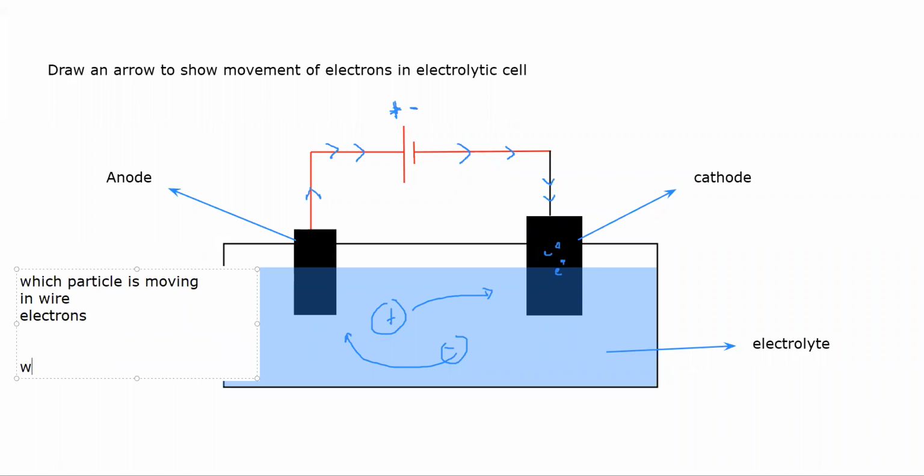And if a question is which particles are moving in the electrolyte, which particles are moving within the electrolyte? Simply you can say ions, or you can say positive and negative ions.